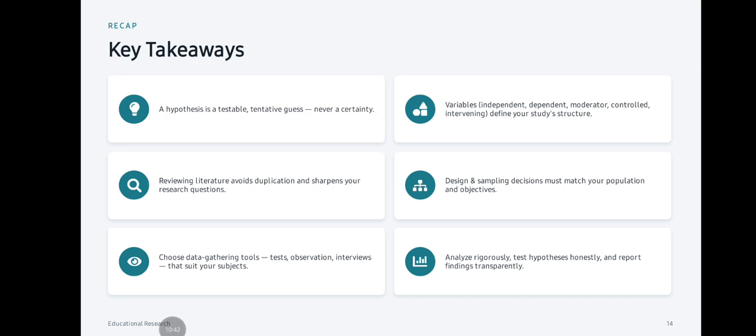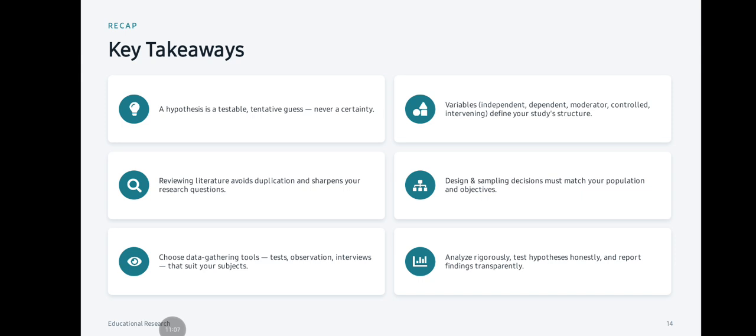Last, we'll go through the key takeaway of this session. A hypothesis is a testable, tentative guess, never a certainty. Variables, that is independent, dependent, moderate, control, intervening, define your study's structure. Reviewing literature avoids duplication and sharpens your research questions.